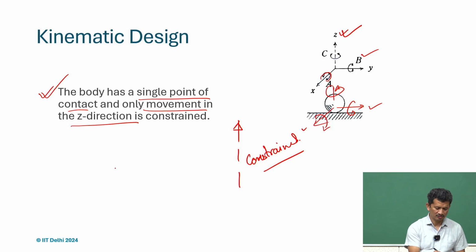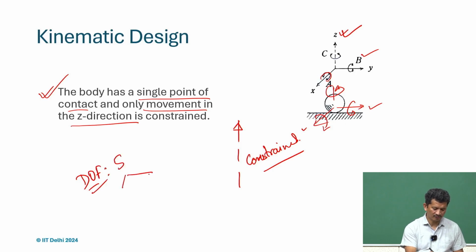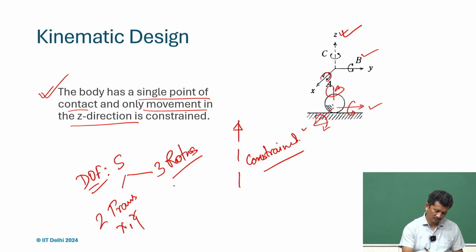So, if we talk about the degrees of freedom, that is 5: out of 5 we have 2 translations, that is x and y, and 3 rotations along x, y and z axis.